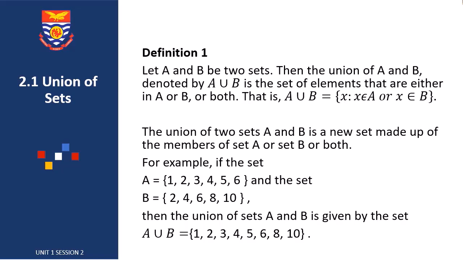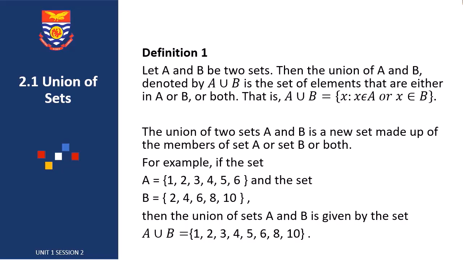Consider the 2 sets below. Set A is 1, 2, 3, 4, 5, and 6. And set B contains 2, 4, 6, 8, and 10. The union of these 2 sets is given as A union B, which is equal to 1, 2, 3, 4, 5, 6, 8, and 10.